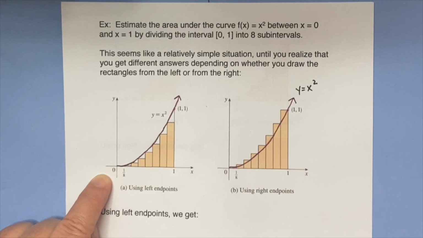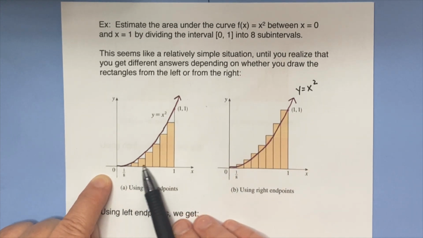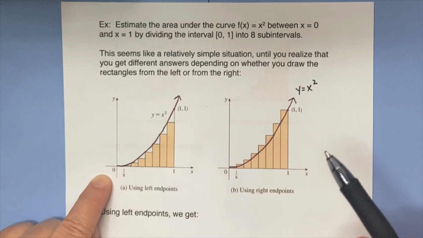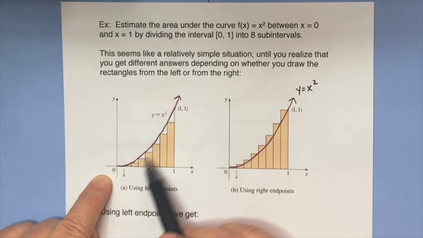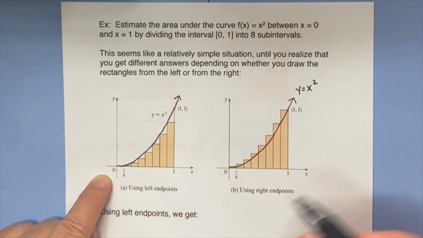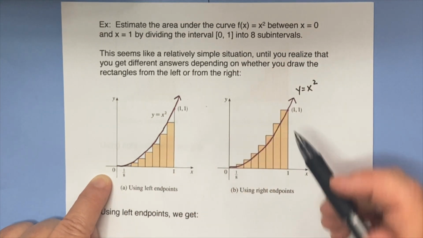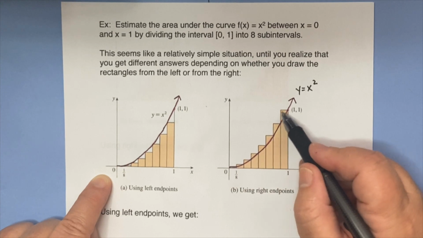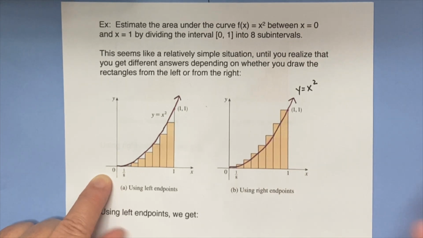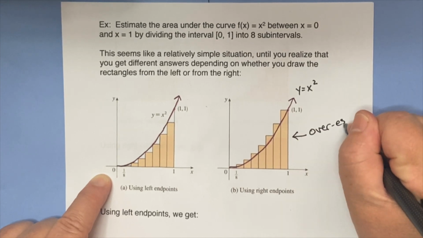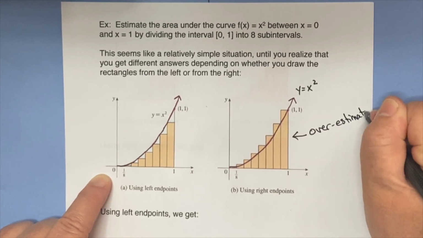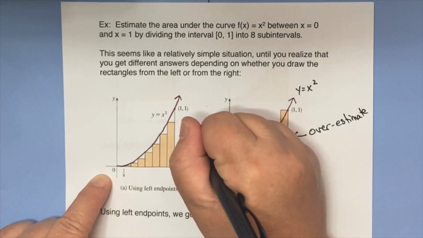Now let's take a look. Here, we've got boxes that stay under the line, so our estimate is going to be too small. And here we've got boxes that are over the line, so this estimate will be too big. So this is going to be an overestimate, and this is going to be an underestimate.